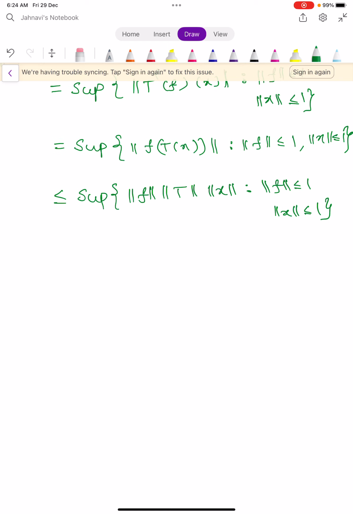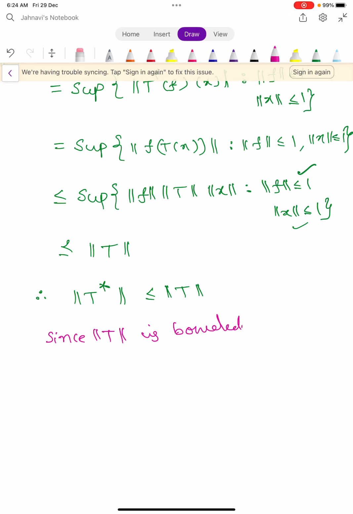Under this condition it becomes norm T. Therefore, we prove that norm T star is less than or equal to norm T. Since norm T is bounded, norm T star is also bounded.